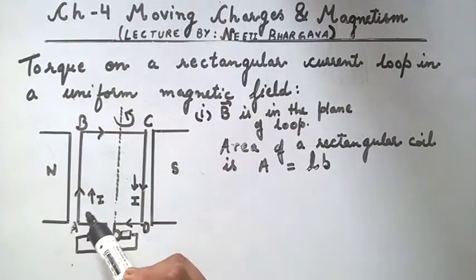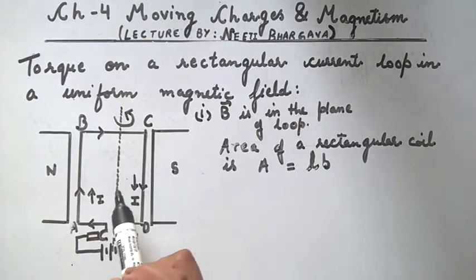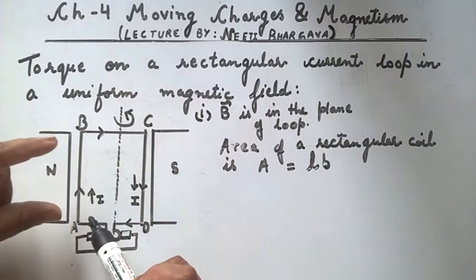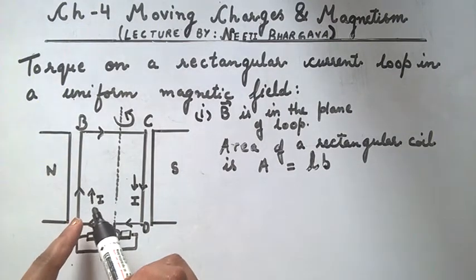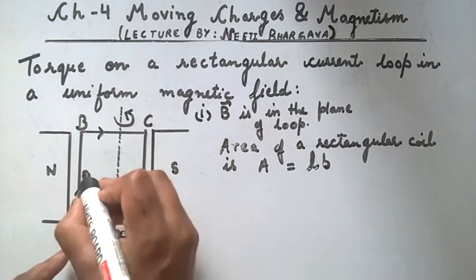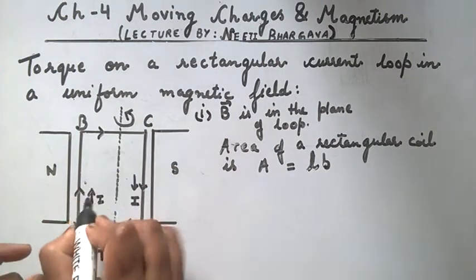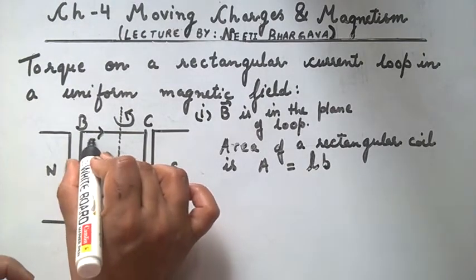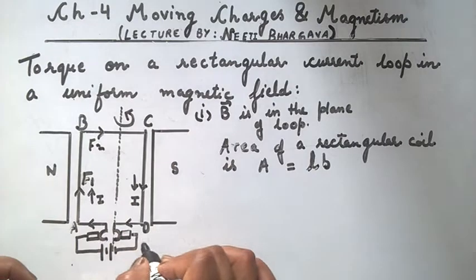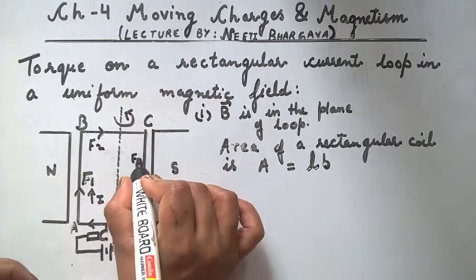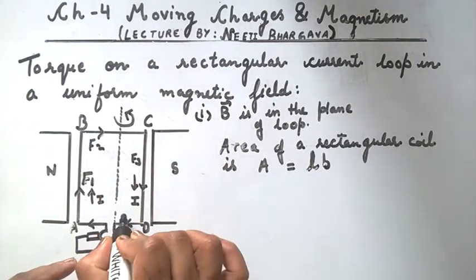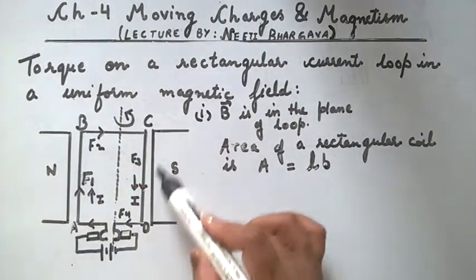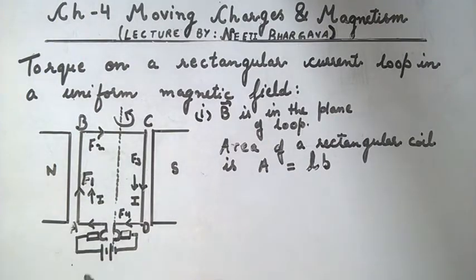As this coil is placed in a magnetic field, each side will experience a magnetic force. So side AB is experiencing force F1, side BC is experiencing force F2, side CD is experiencing force F3, and DA is experiencing force F4. Now, because of these four forces, the coil rotates.